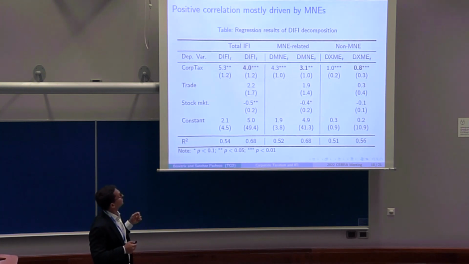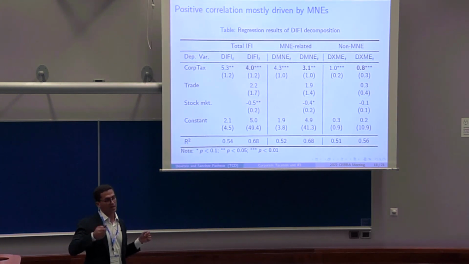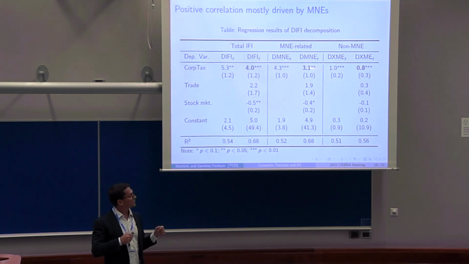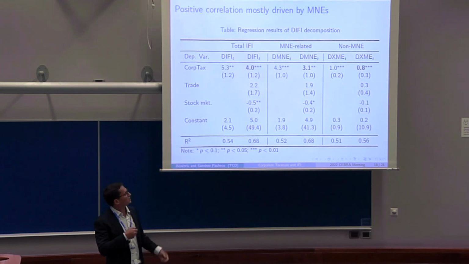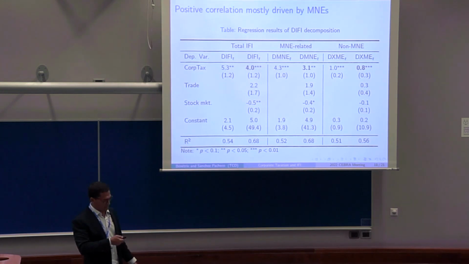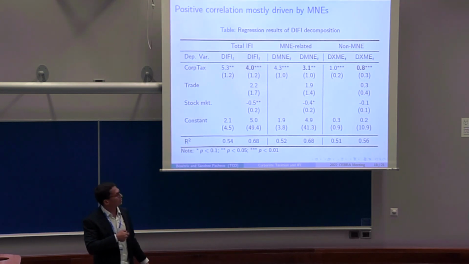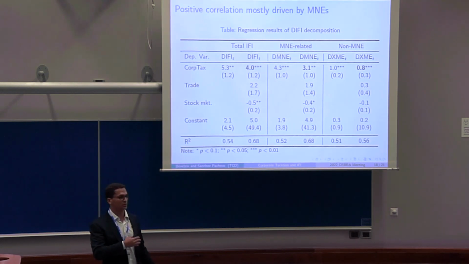And what I want to highlight here is that out of the 4.0 coefficient estimate from the DIFI aggregate regression, 3.1 comes from the part related to multinational enterprises, and only 0.8 comes from the part unrelated to multinational enterprises. Here they don't add up just because of rounding, but they mathematically add up precisely. So this result is telling me that around 80% of this positive coefficient estimate comes from the part related to multinational enterprises.